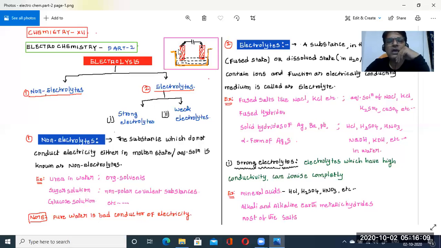At the anode, what type of charged species move? Yes, at the anode anions move, and at the cathode cations move. Generally we know that anions contain negative charge and cations contain positive charge, isn't it?